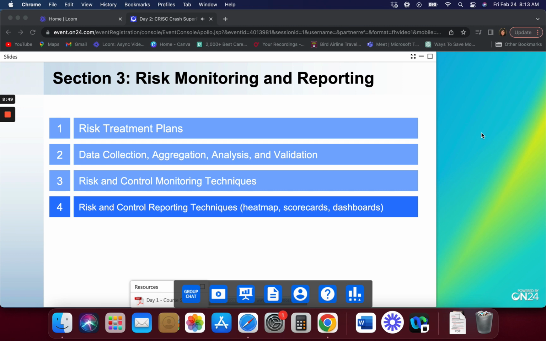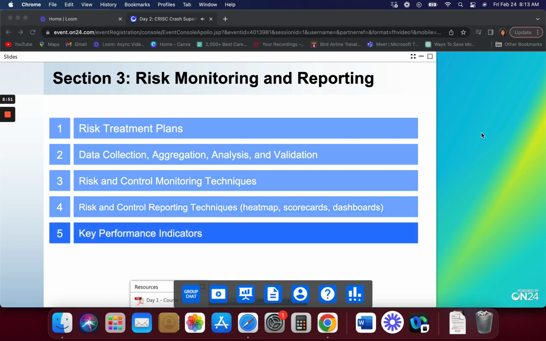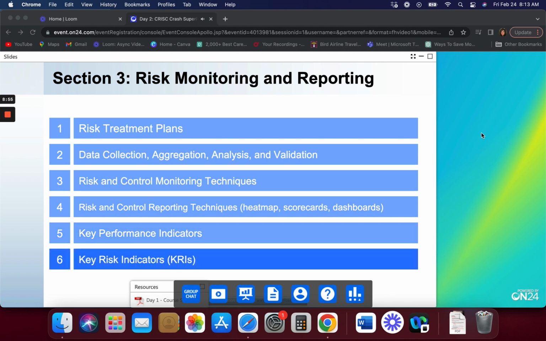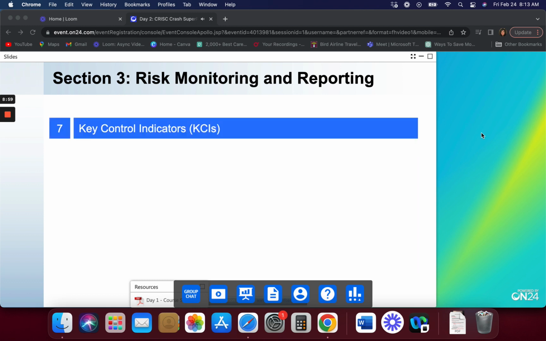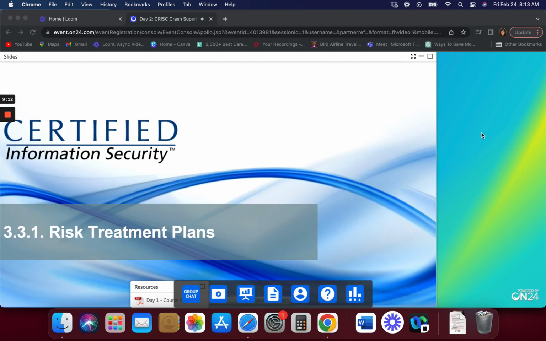We'll talk about key performance indicators, KPIs, and then about key risk indicators, or KRIs. And then finally, we have another one. We'll talk about key control indicators as well, KCIs. We'll talk about the relation between the 3. That's actually a pretty interesting discussion. So, risk treatment plans, let's get into that.